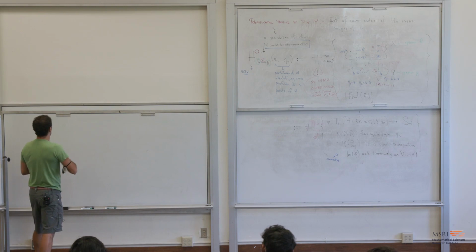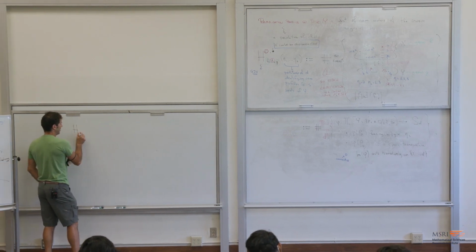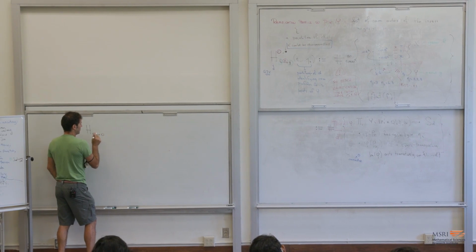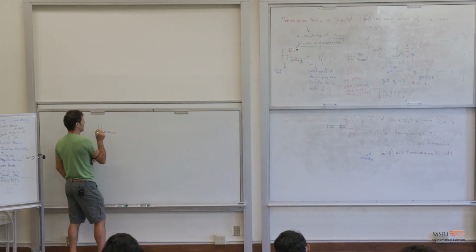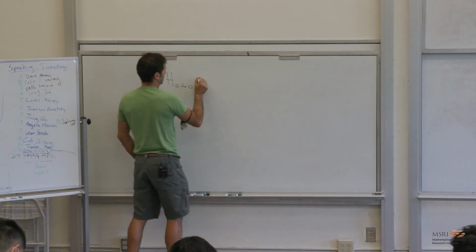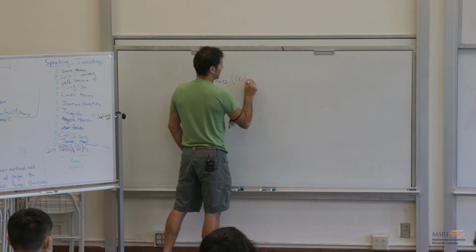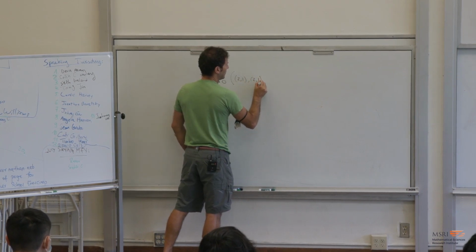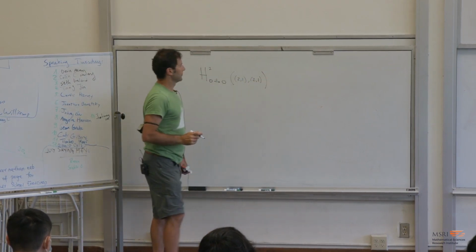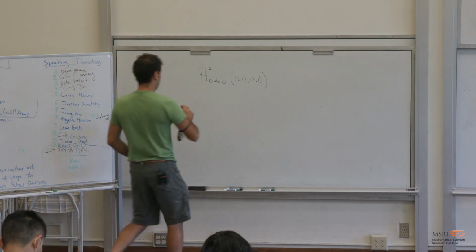The one example that I want to do is h 0 to 0, degree 3, with profiles 2, 1, 2, 1.